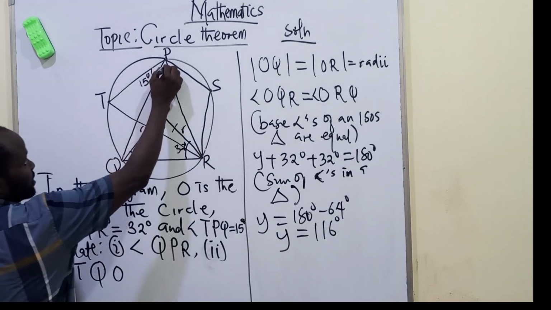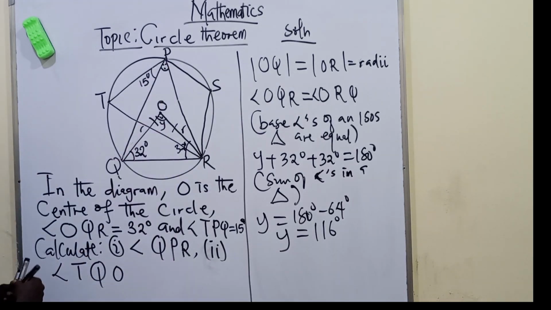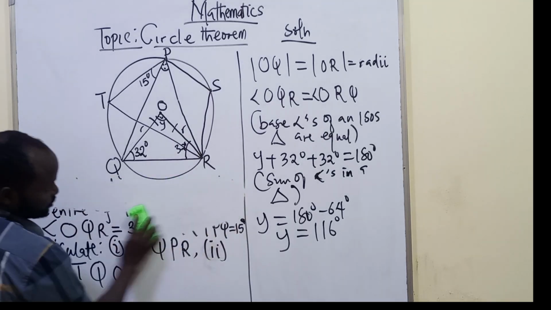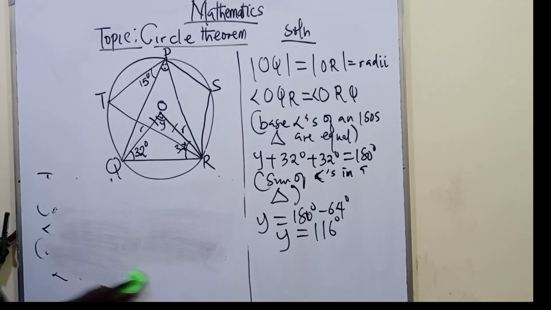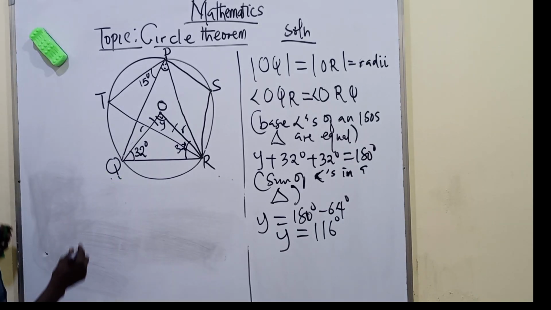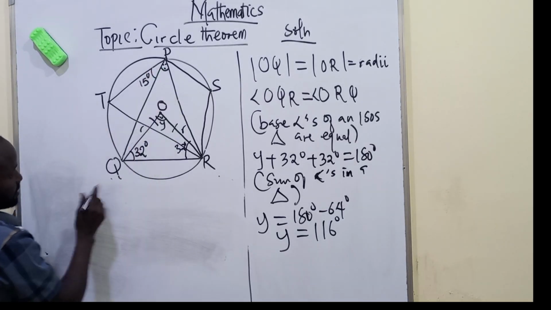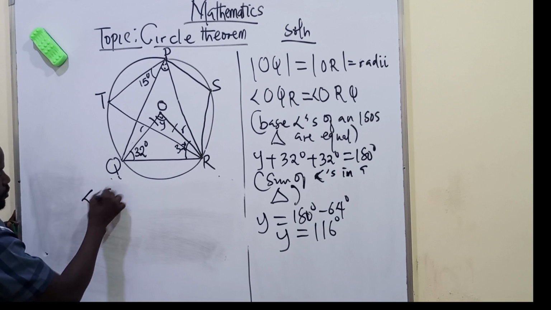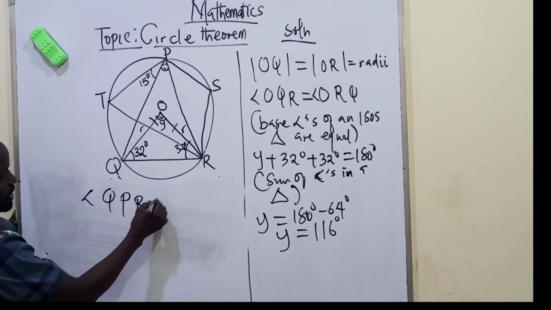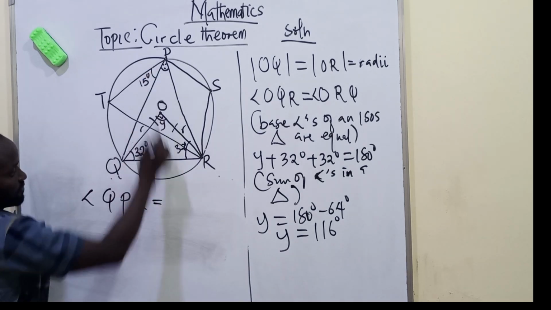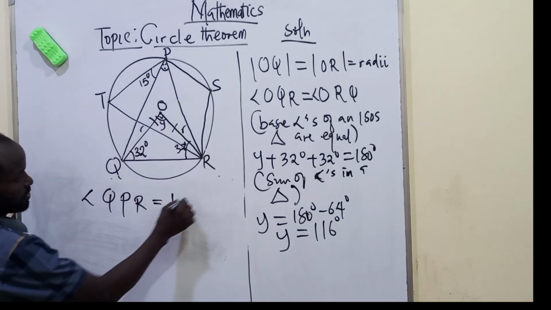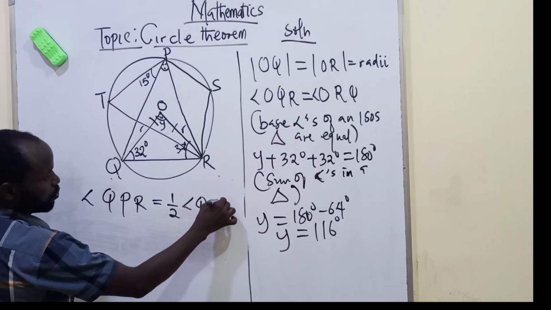We can find the angle at the circumference here. You realize that we are asked to find angle QPR. Angle QPR now, that's the angle at the circumference, will be half the angle at the center, and the angle at the center now is angle QOR.